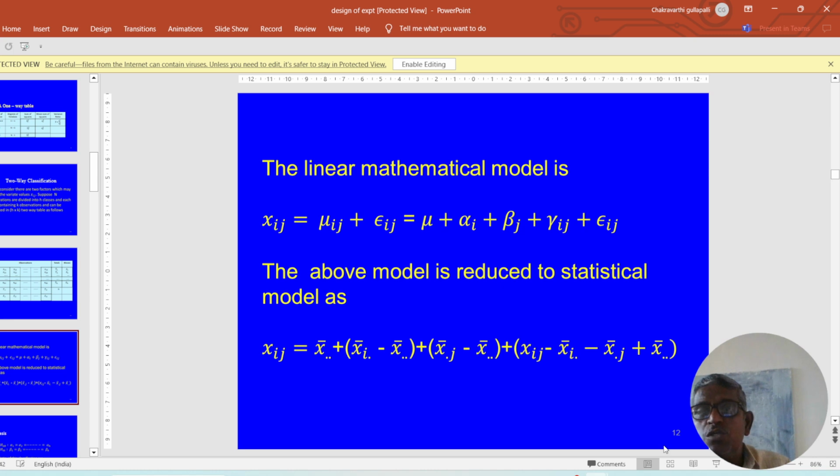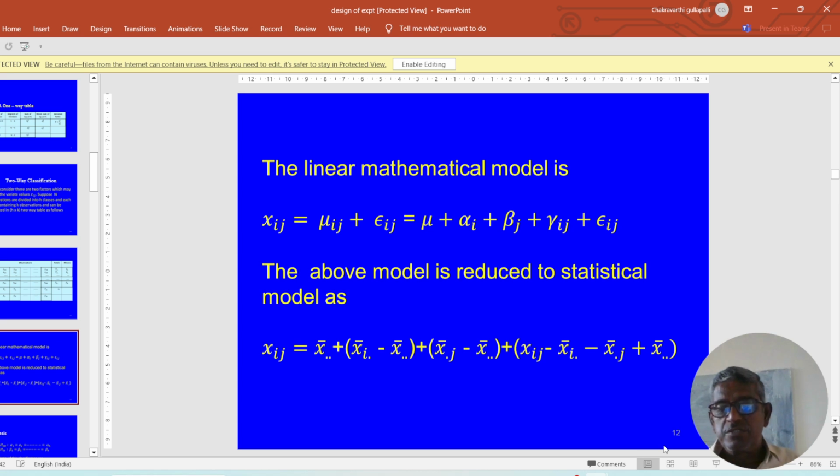By applying MLE, we get mu as x bar double dot, alpha i as x bar i dot minus x bar double dot, and beta j as x bar dot j minus x bar double dot. Finally, the error component is the total effect minus the first factor effect minus the second factor effect plus the overall mean. That is a balancing factor.